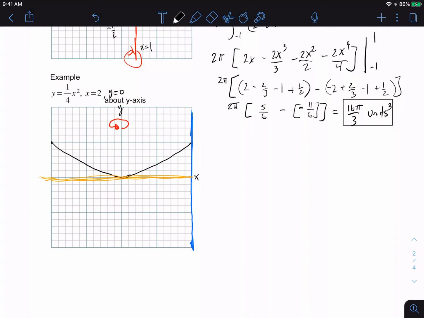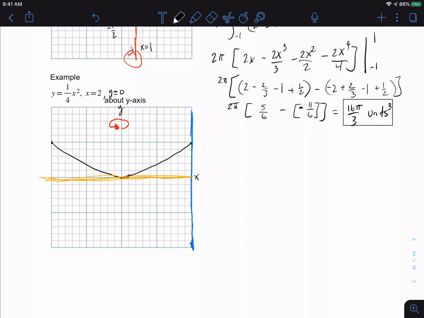Did you guys get that graph? Quick question for you. What's the region? Is it to the right or to the left of the y-axis?